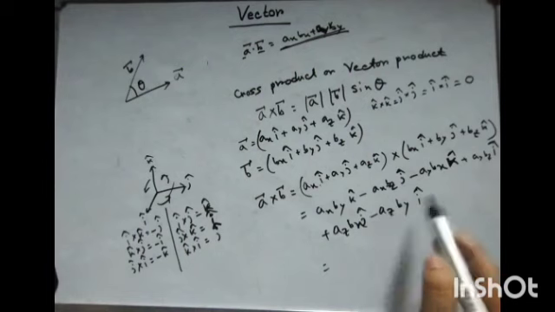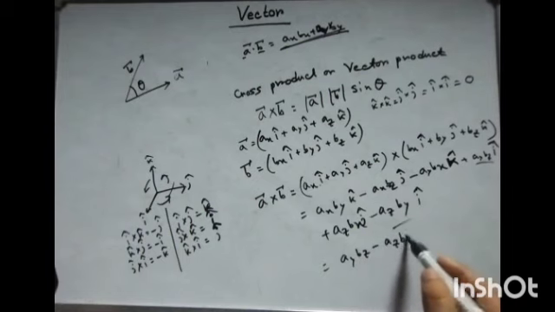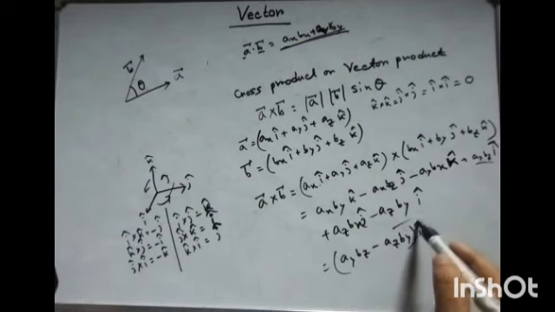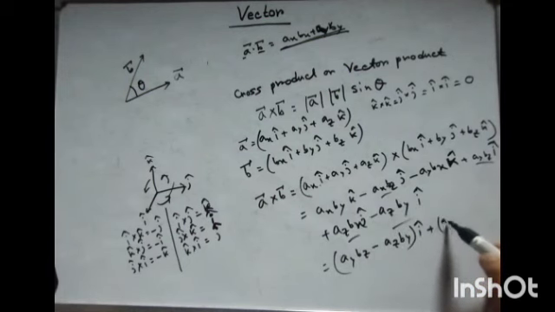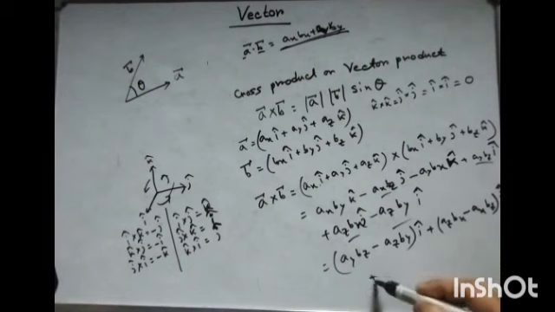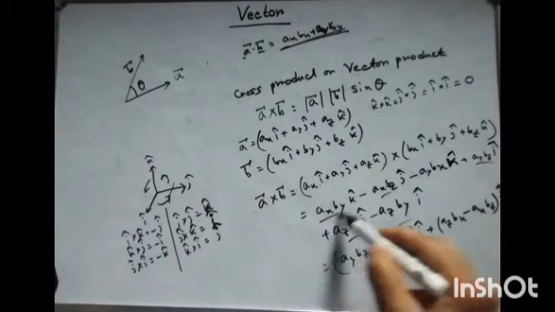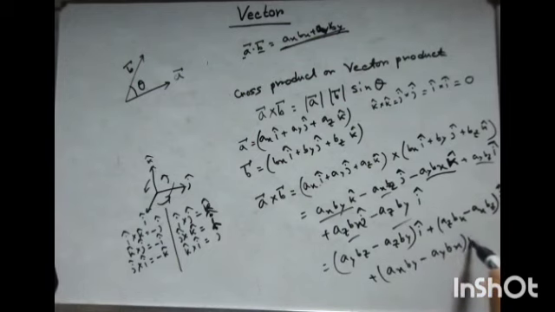So this is i cap and this is i cap, so (ay bz minus az by) i cap, plus this is j cap and this is j cap, so (az bx minus ax bz) j cap, plus this is k cap and this term is k cap, so (ax by minus ay bx) k cap.